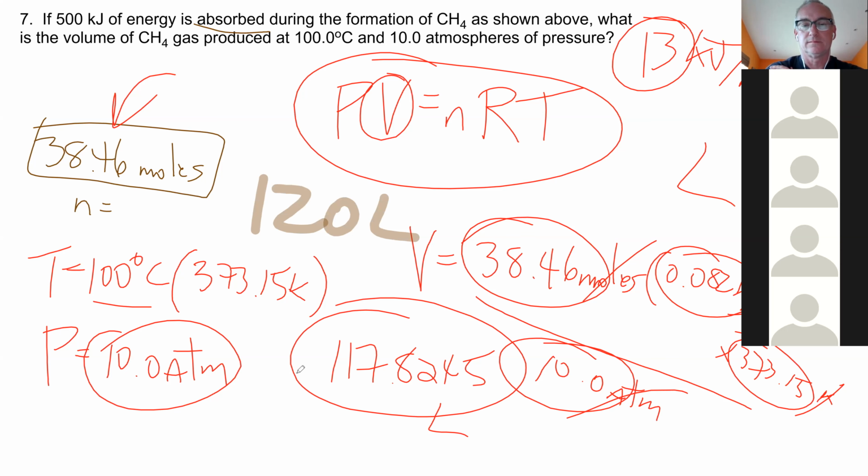The answer is 120. So is that okay to change? I mean, we only have 2 significant digits we can work with. Usually when we round a number, we round it if it's after the decimal, but this is before.